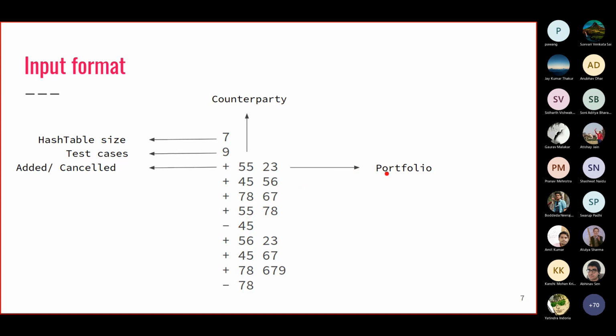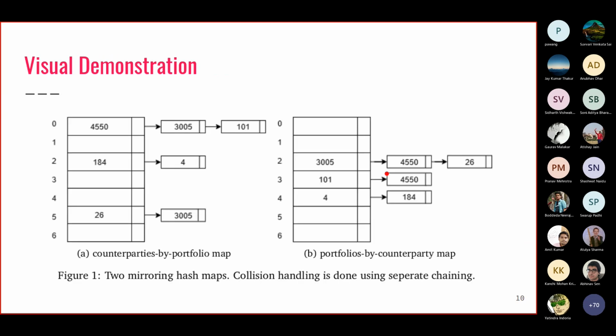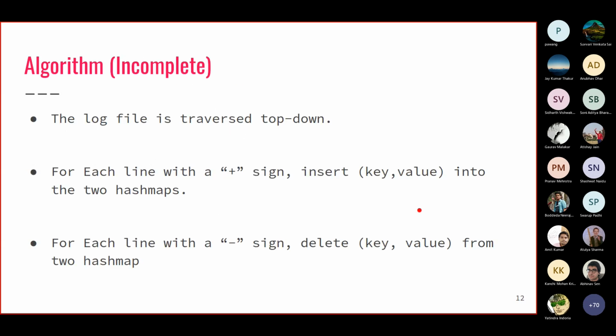But if you see the portfolio table here, the keys are the portfolio numbers, not the counterparty ID. So the counterparty IDs like 45, which was in the example, could be somewhere in these nodes. So we have to check all those nodes in order to ensure that 45 is there or not, and then we have to delete. Is that understood?